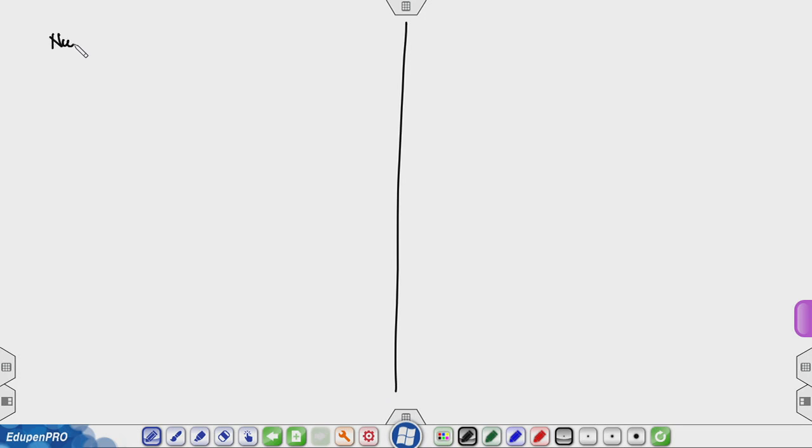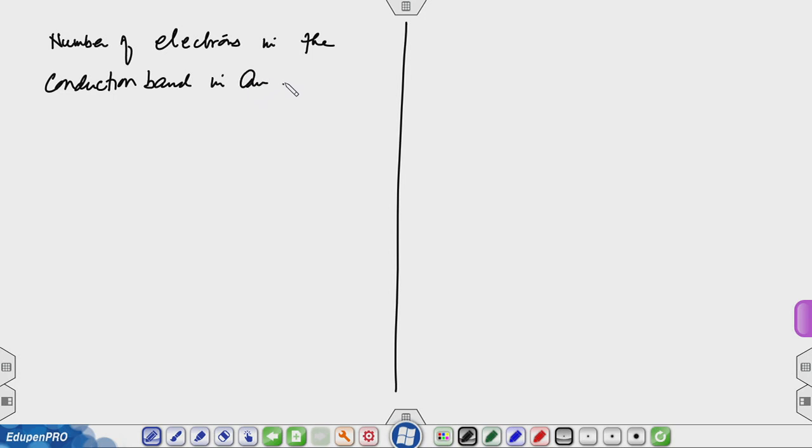Number of electrons in the conduction band in an n-type semiconductor.